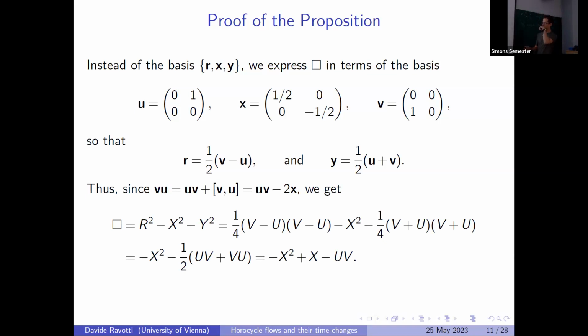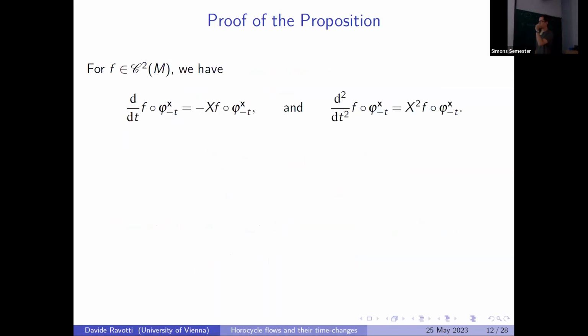And now I do one more algebraic operation, namely, instead of VU, I'll write UV plus its commutator. And the commutator turns out to be twice X. These are computations with matrices that you can carry out. So if I now plug this in instead of VU, I obtain this formula here for the Casimir operator. Okay, let us put this on the side for a moment.